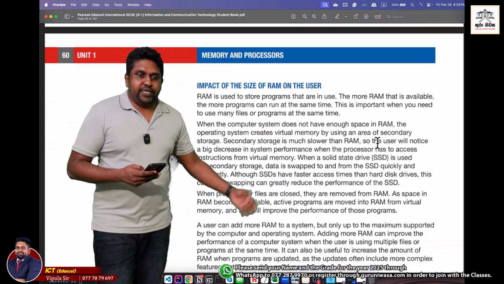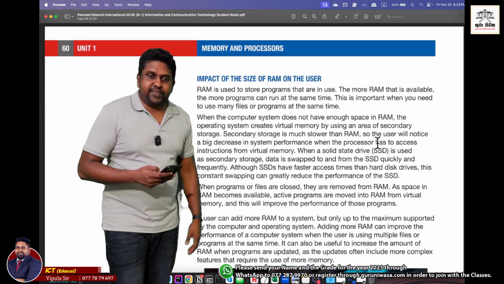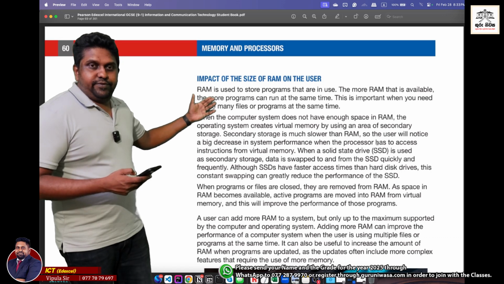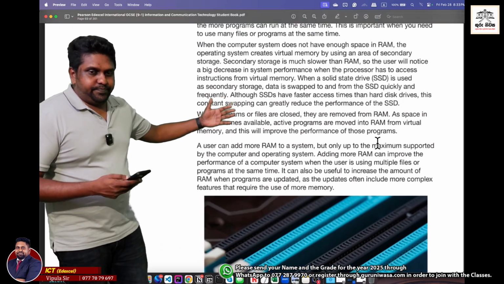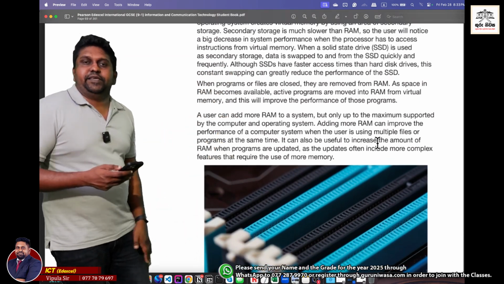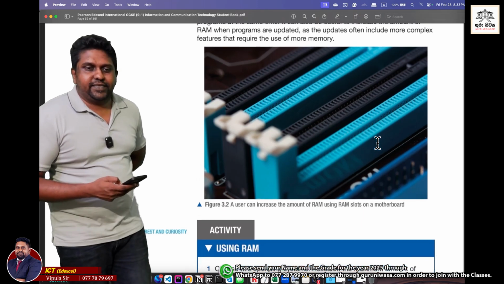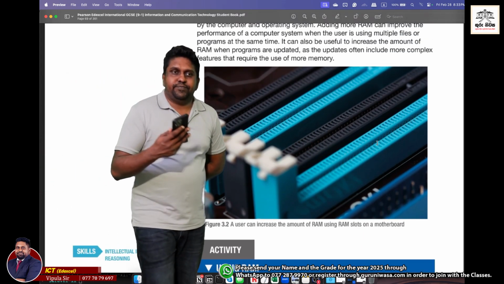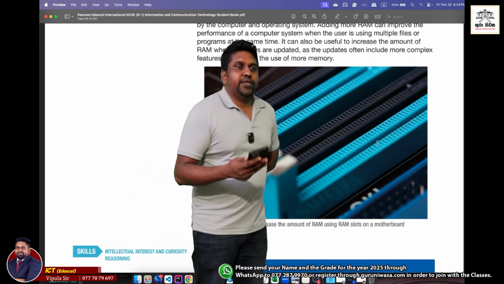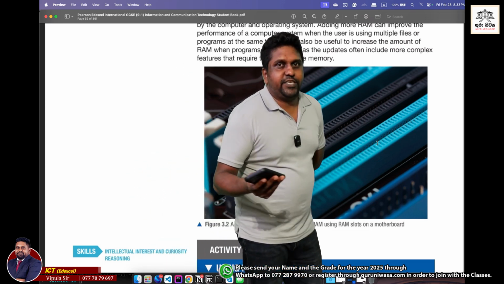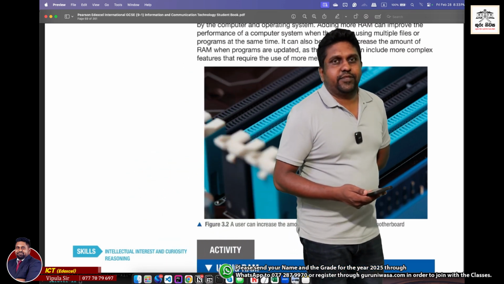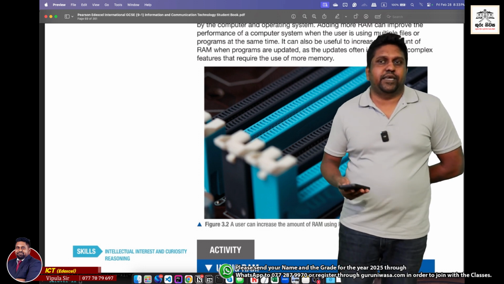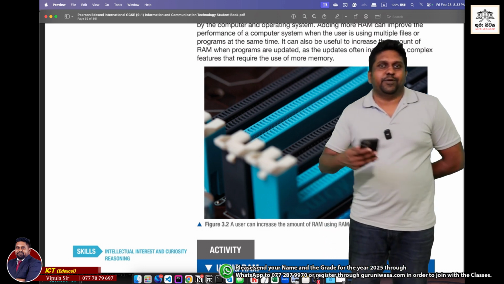Okay, so then the impact of the size of the RAM on the user. It has a big impact, in fact, because primarily, as I said before, the graphic chip shares the memory. So that means you need to have more memory to support both.